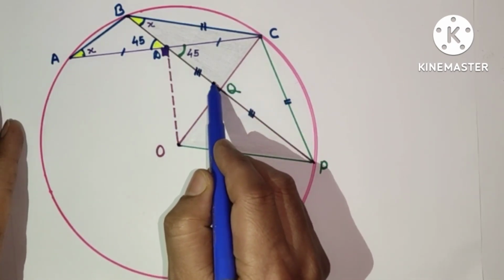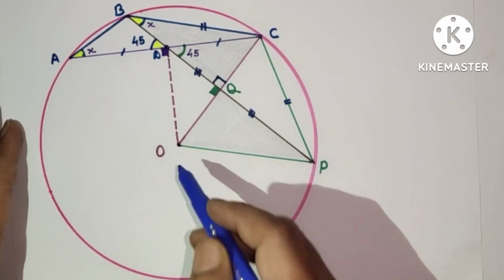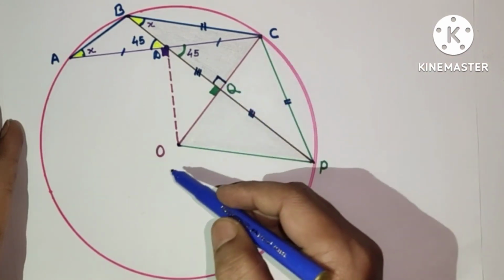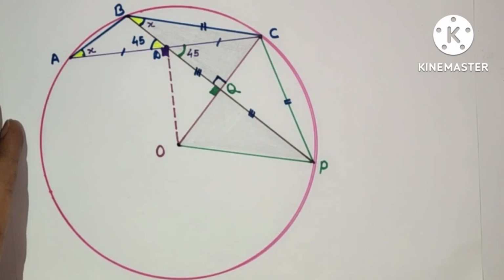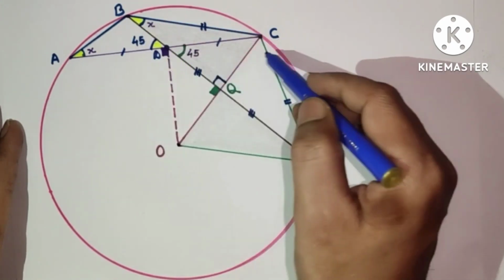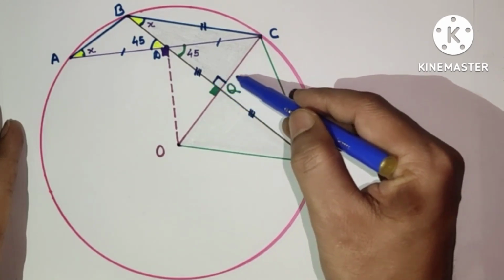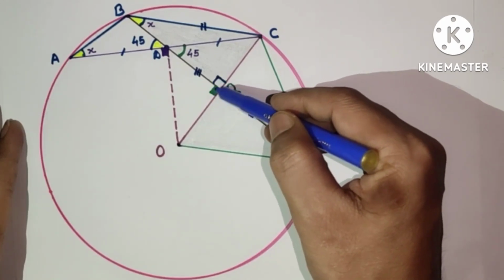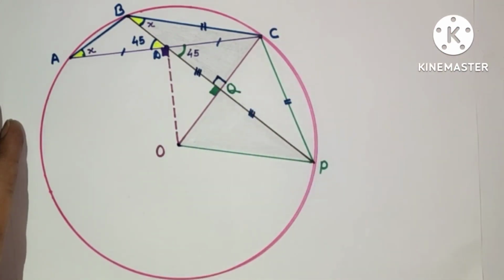So this is also the midpoint, 90 degrees. And OQC is a straight line. Points O, Q and C are collinear because this triangle is congruent to this triangle. So this angle is equal to this angle, and the sum of these two is 180, so each one will be 90. This is 90, this is 90, so this is a straight line. OQC is a straight line and OC is a radius.